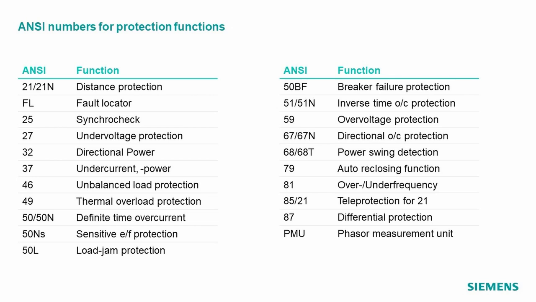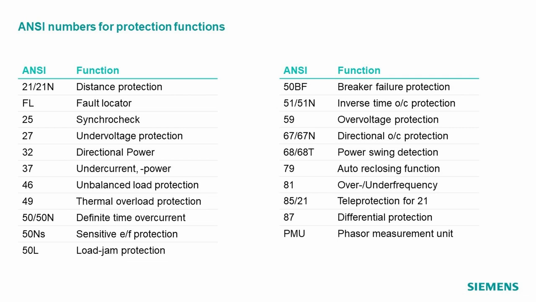And we also have some functions where we don't have a number, like you see there the PMU, phasor measurement unit, the synchro phase measurement, or the FL, fault locator, where we measure the distance to the faults. So those are some newer developments where people didn't assign the number. So these numbers are often used in the diagrams.